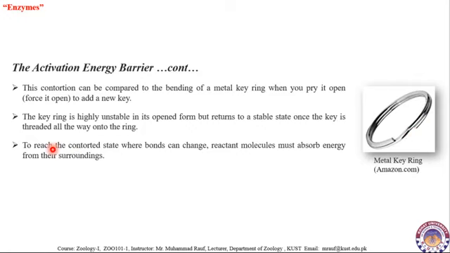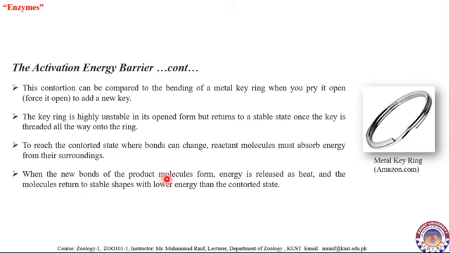Similarly, the reactants are in stable state, and if they do not absorb energy, they will not become excited or destabilized, and therefore they will not convert into products. So this absorption of energy is important to bring the reactants into an unstable form.